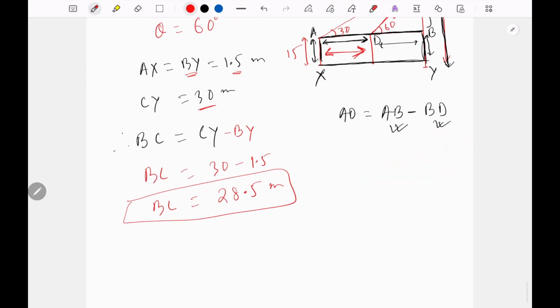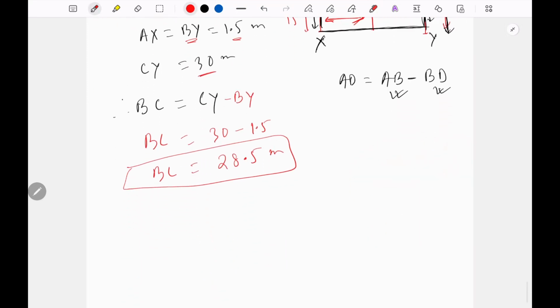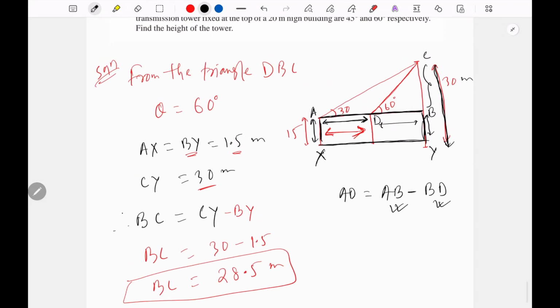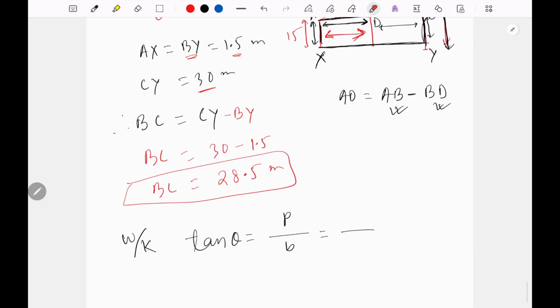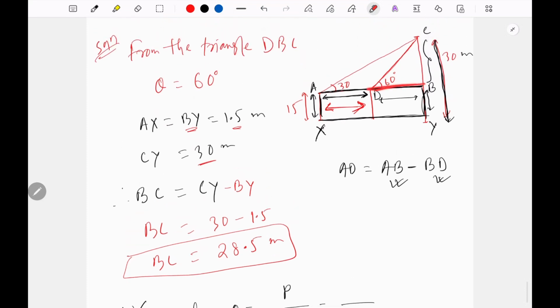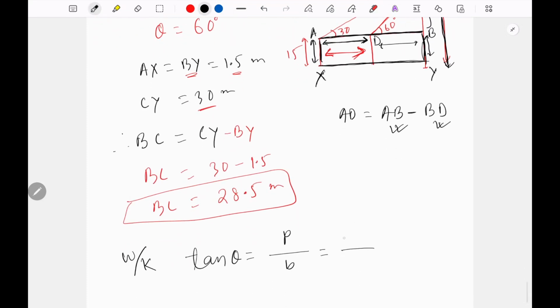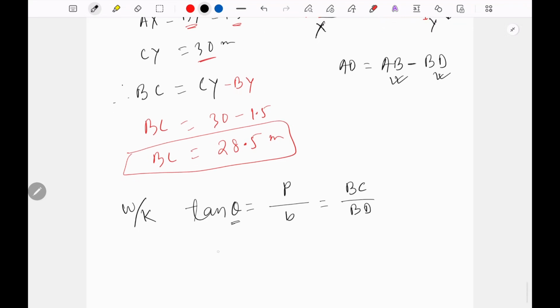So we can write tan of theta equals P by B. And what is P? P is this one. This is our P, perpendicular BC, and B is BD. So it is BC divided by BD, and theta is 60 degrees.